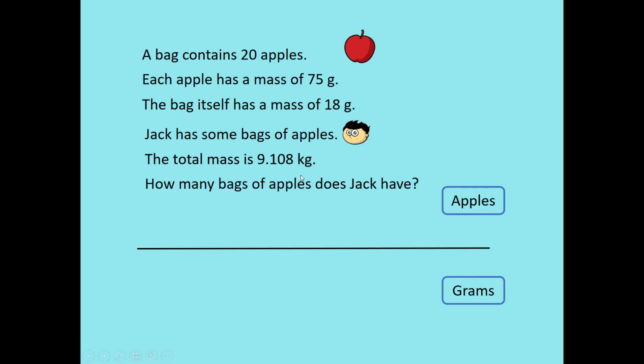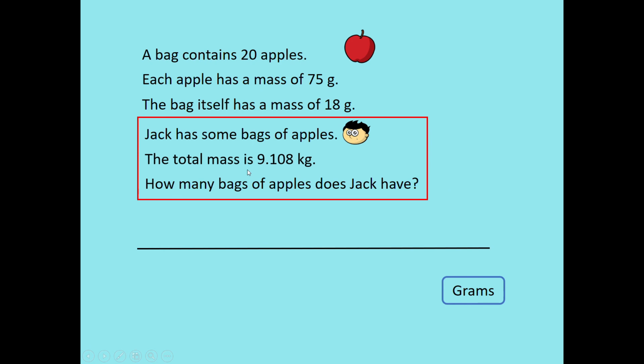Now I know that Jack has some bags of apples and his total mass is 9.108 kilograms. Now we can either convert this so that we're working in kg, or we can convert this so we're working in grams. So one bag in total is 1,518.